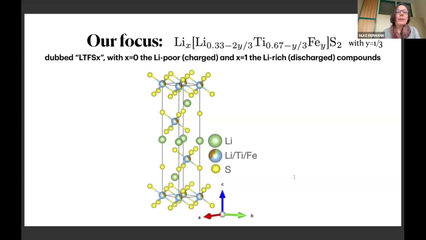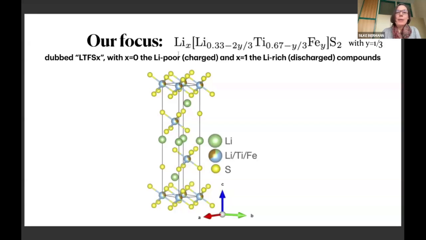So this is what I will dub in the following LTFS_x, so lithium, titanium, iron, sulfur x, with x either being 0 for the lithium poor charged material, or x equal to 1 for the lithium rich discharged compound.